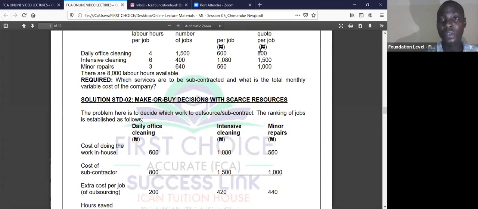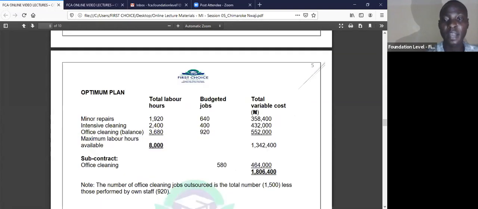Oh, sorry, I went to take 800. It's supposed to be 600 variable cost. 600 multiplied by how many jobs? Multiplied by 920. That gives me 552,000, which is what is here.